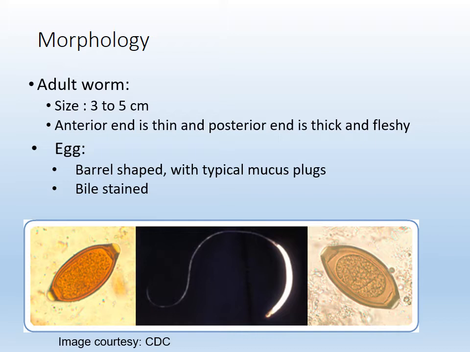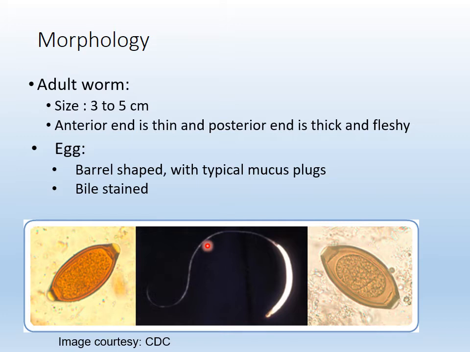See, this is its anterior end, and this is the posterior end, that is the tail. The posterior part, which covers almost 40% of its body, is thick and fleshy, while the anterior end is thin and hair-like. That's why it is known as whipworm, because it looks like the handle of a whip and the whiplash. So that is the morphology of the adult worm.